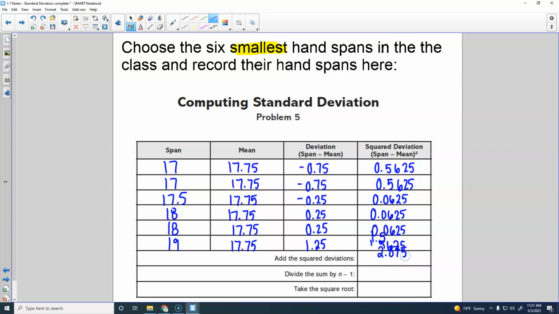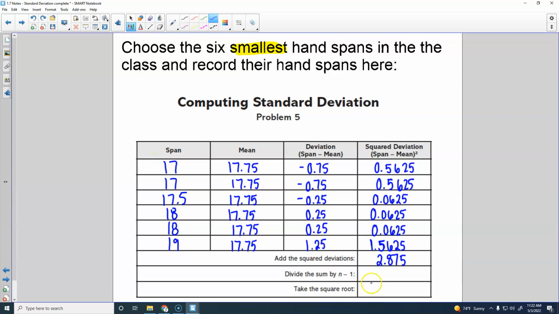Now, what we've got here, now we at least have a number, right? But if we had a really big data set, it would look like that number would be really big because we'd add a bunch of them together, even if most of the data points are really close. So we kind of need to undo the stuff that we have done. Since we've got 6 data points, we're going to divide.